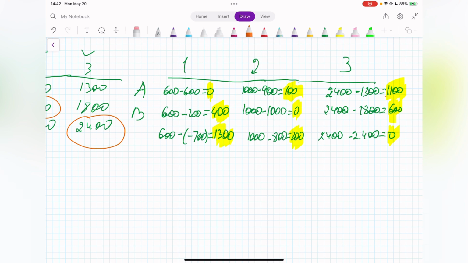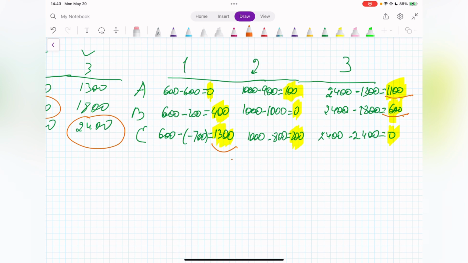1,100, 600. Alternative C, the maximum is 1,300. Right? And at this point, the alternative with the lowest maximum, the lowest of all maximums among 1,100, 600, and 1,300, is 600, right?